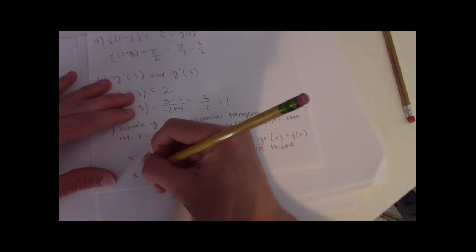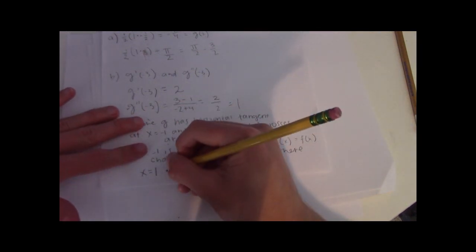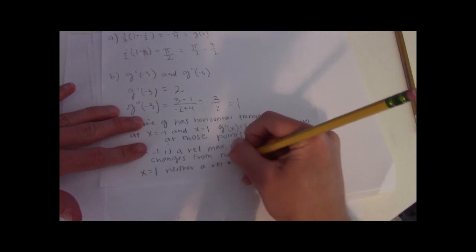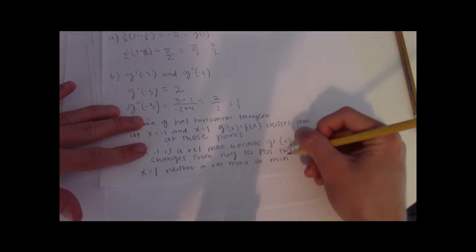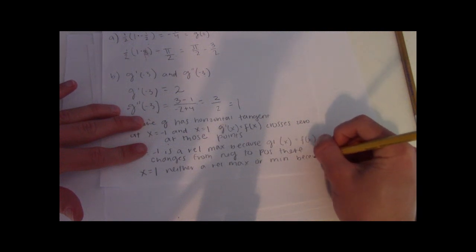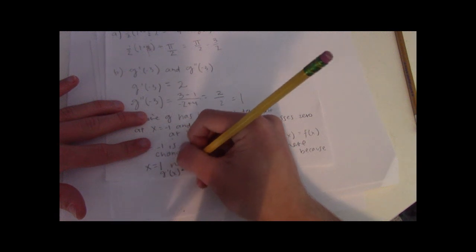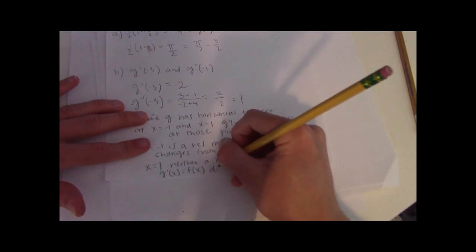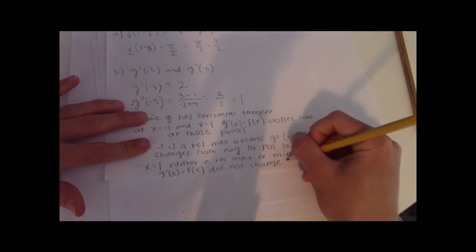So at x equals 1, neither a rel max or min, because again g prime of x, which is equal to f of x, did not change signs there.